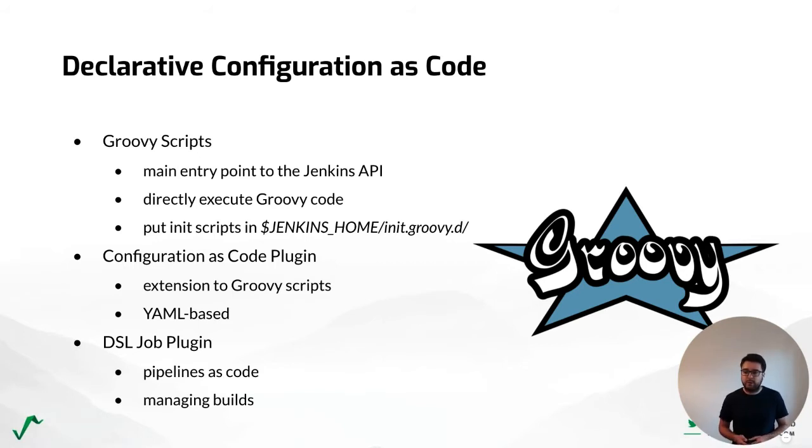On the other hand, if you want to have full control and configure some low-level properties, use Groovy. Additionally, the Job DSL plugin lets you configure pipelines as code and manage builds programmatically.